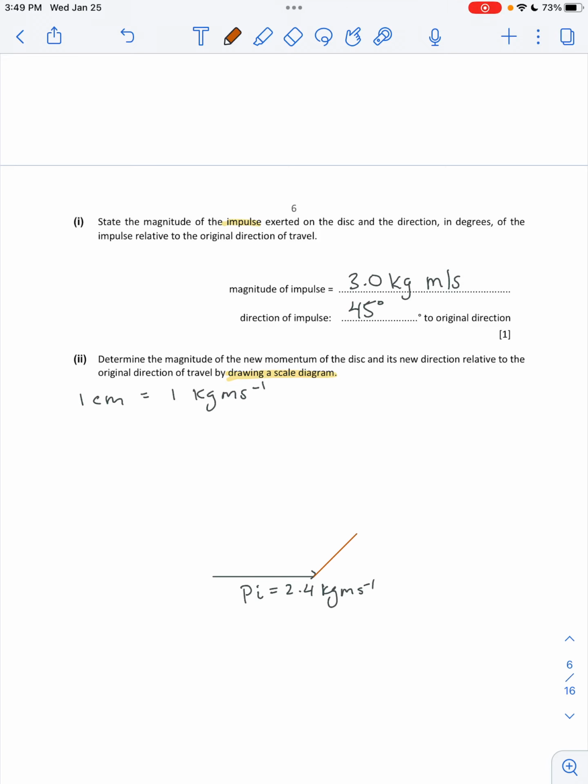And this one is 3 centimeters. Now I'm doing this on my iPad, so my scale is not great, but you should be using your ruler. So my impulse, which is 3 kilogram meters per second, and this angle at which I am drawing my vector is 45 degrees.